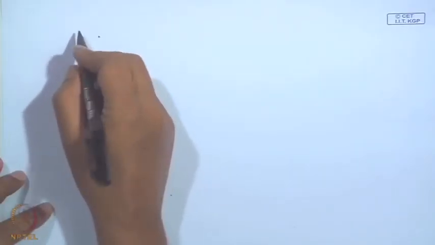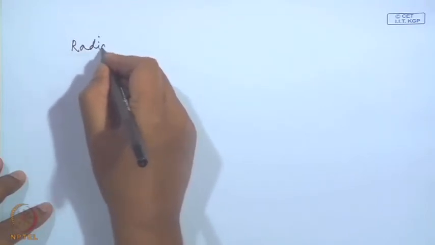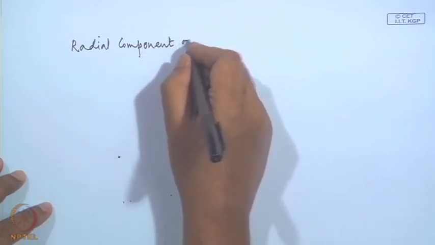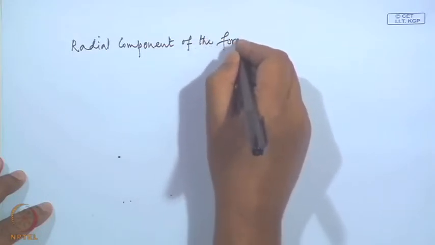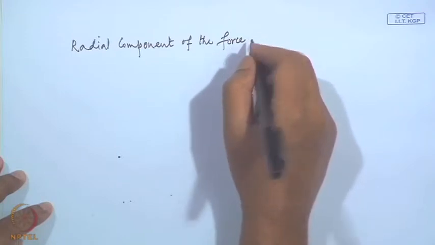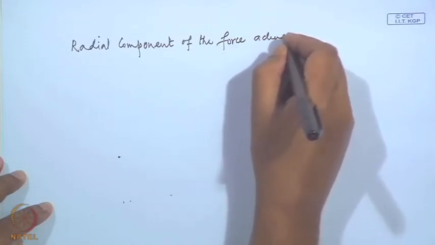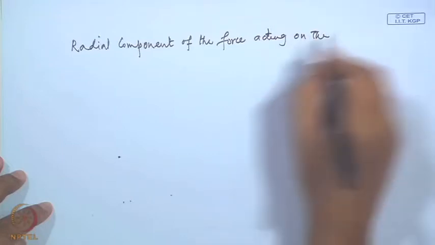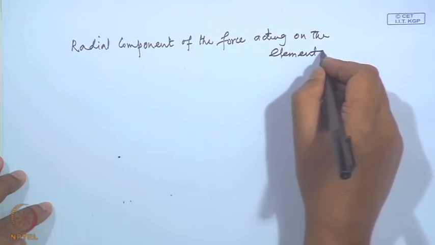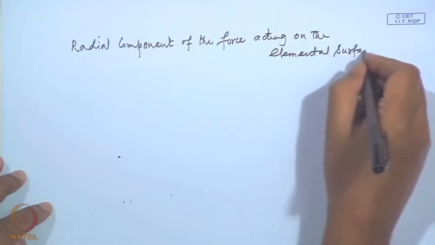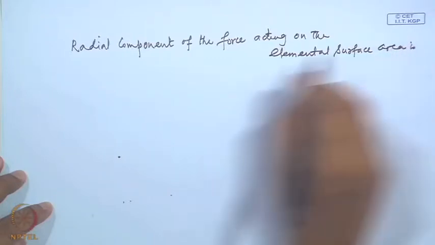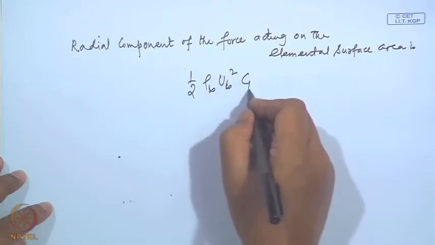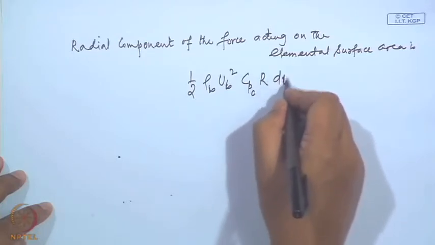So, the radial component of the force on the elemental surface area is half rho infinity u infinity square C P C r d theta dx.